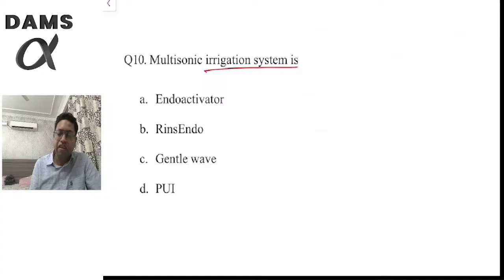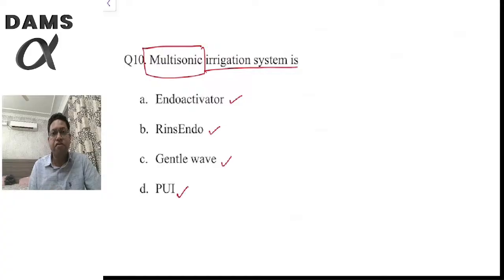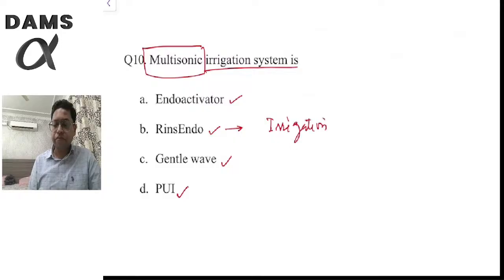Now, let us see. The question is asking you about multisonic. Multisonic means different sonic waves it uses. Endo activator, rinse endo, gentle wave, and passive ultrasonic irrigation. See, rinse endo is an irrigation evacuation system.